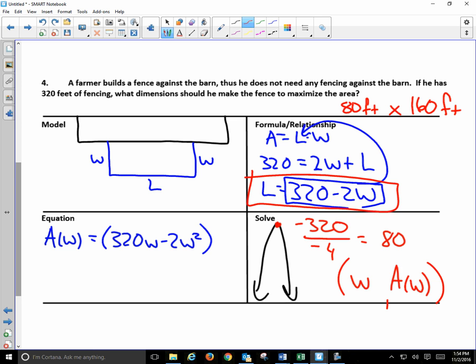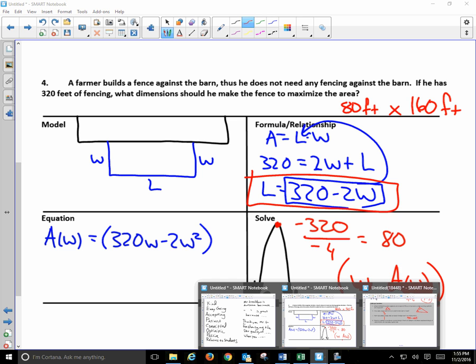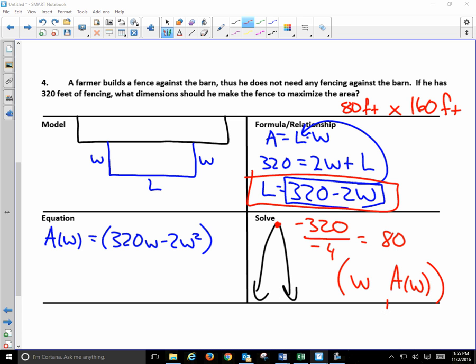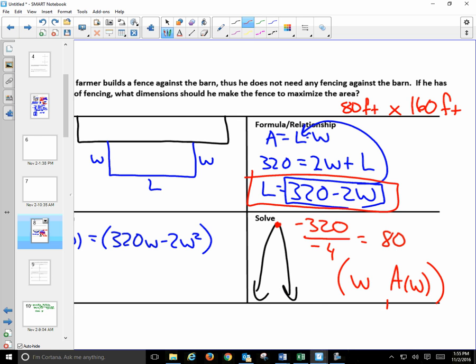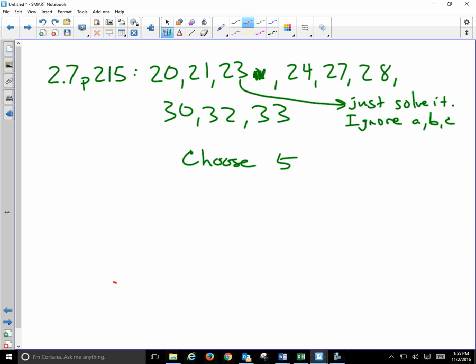All right, since you guys are extremely intelligent, we got done earlier than the other class. Now, this assignment is a little bit different. You get to choose 5. Now, some people want to do all 9 or 10 because they want to feel really, really well prepared.